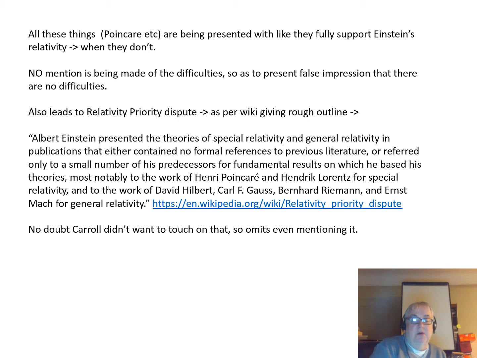So really you've got a priority dispute with all these different people over the different parts of Einstein's relativity. In the case of special relativity, you've got Poincaré and Lorentz. Did they come up with special relativity before Einstein? And that is a priority dispute there. And no doubt Carroll didn't want to touch on that, so omits even mentioning it.